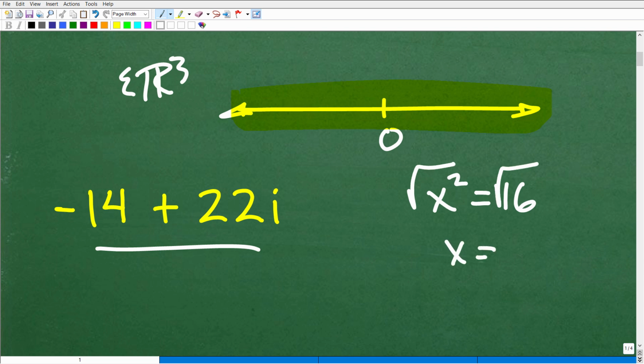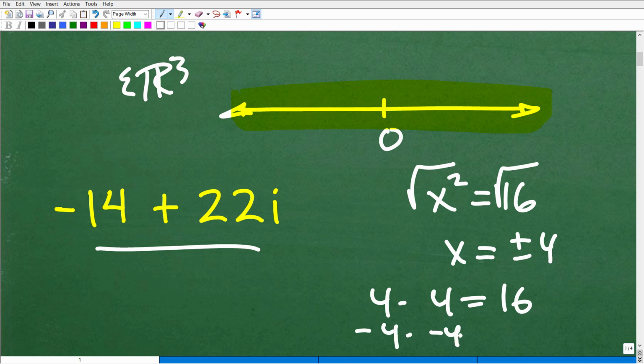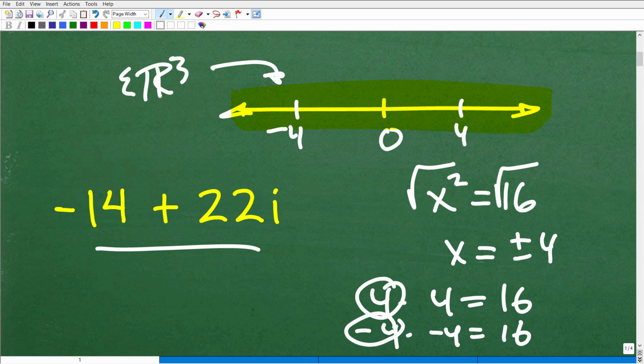So x is going to be equal to positive or negative 4, because positive 4 times positive 4 is 16, and negative 4 times negative 4 is also a positive 16. No problem. Here is 4 and here is negative 4. Both of these solutions reside on the real number line. They are part of the set of the real numbers.